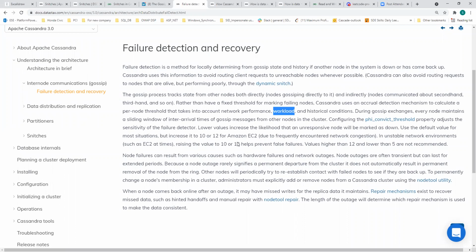There are many details in it. Either you live with whatever convict threshold has been set in that property, or based on the responsiveness, you can increase it by some number of times. And that is what Amazon does. That is one example they have given. It increases the threshold up to 10 or 12 times.